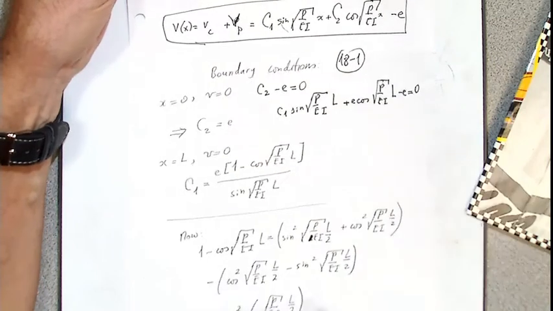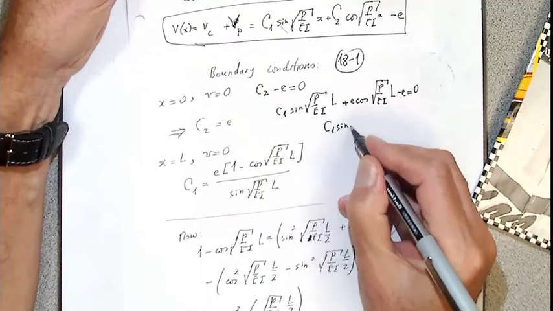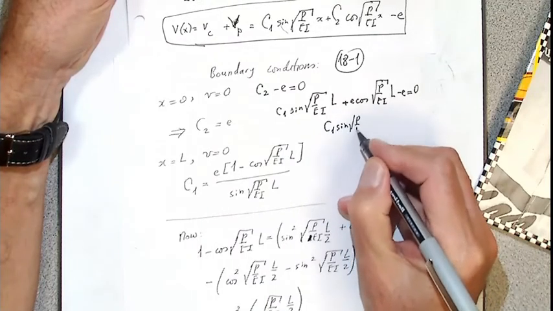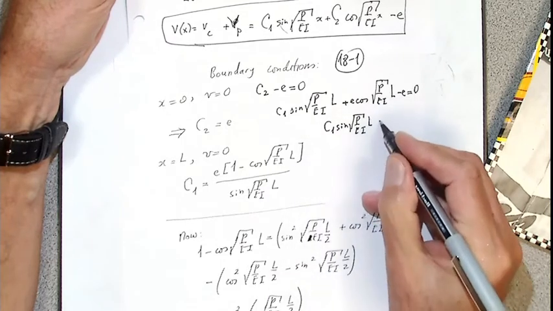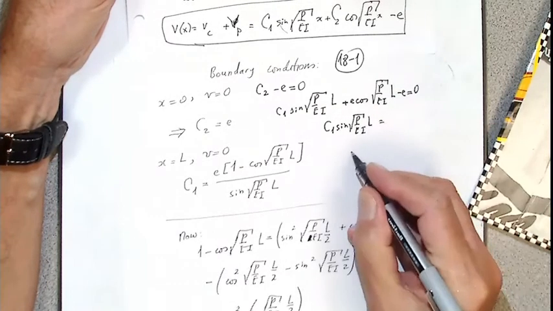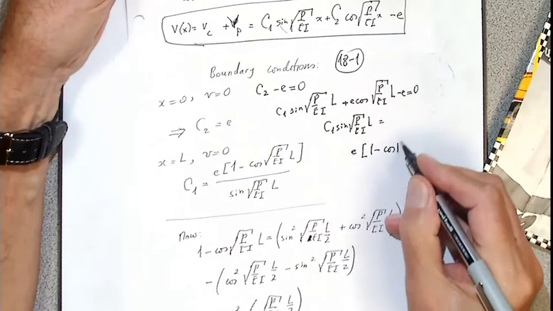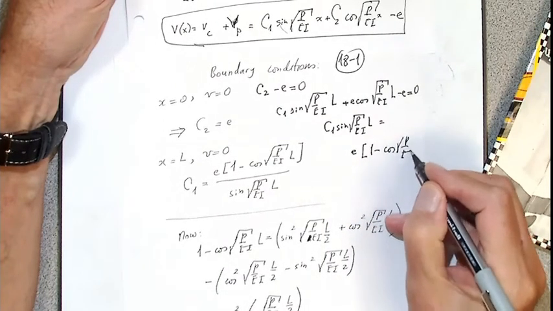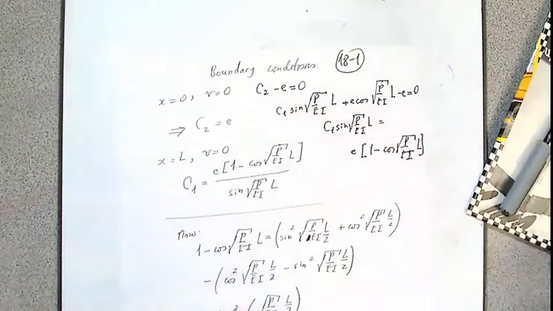So from here we get, look please, C1 sine, I will make derivations, of square root of P over EI L equals, this e goes out, e times 1 minus cosine of square root of P over EI L. So we are done with these pages.